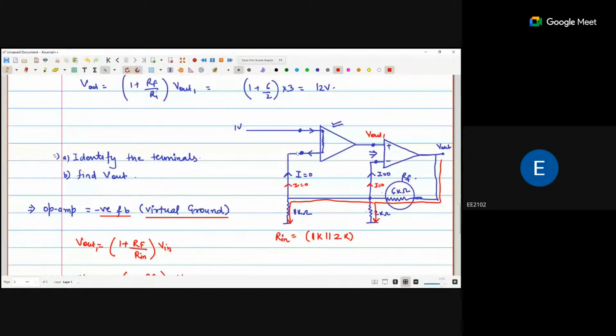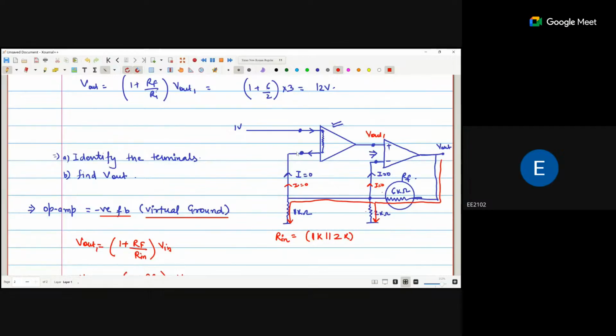In week 3 we discussed the positive feedback, but in that situation we are not taking the virtual ground concept. So first of all, we identify whether my operation amplifier behaves as a positive feedback or negative feedback. If it behaves as a negative feedback, apply the virtual ground concept.